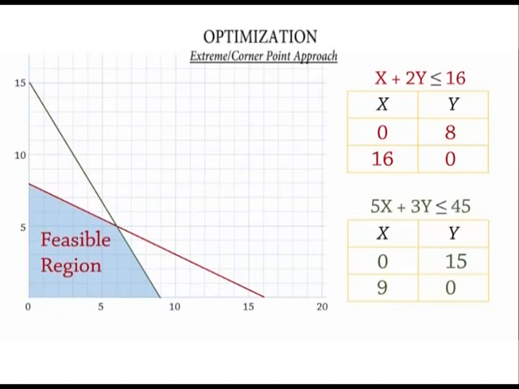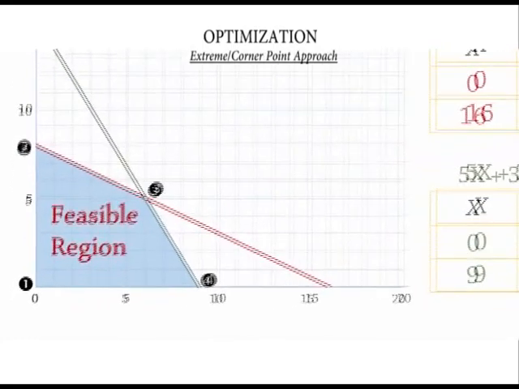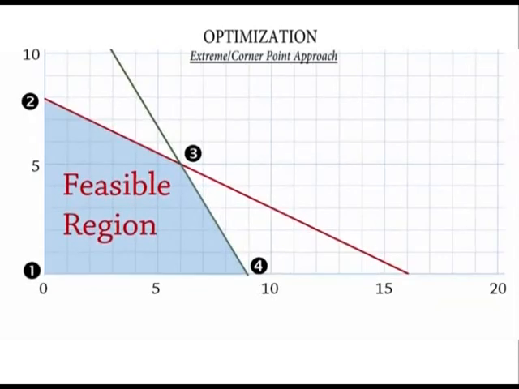From here, the optimal solutions occur at the extreme points or at the corners. We label them 1 to 4. The maximum solution will occur at one of them at least. To decide which one is optimal, we will find the coordinates of each point, substitute in the objective function, and choose which one is the best.